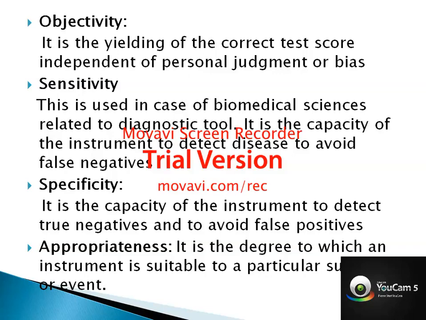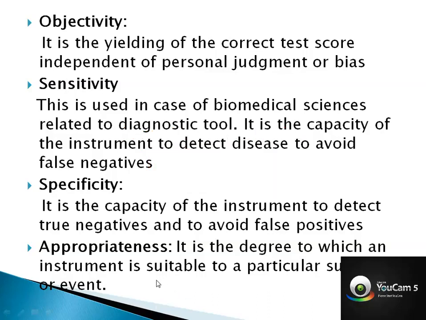So for example, hand washing. When you use knowledge alone, it won't be a very appropriate one. You should go for observation as well. So this kind of appropriateness you should check, whether your instrument is appropriate for the particular subject.